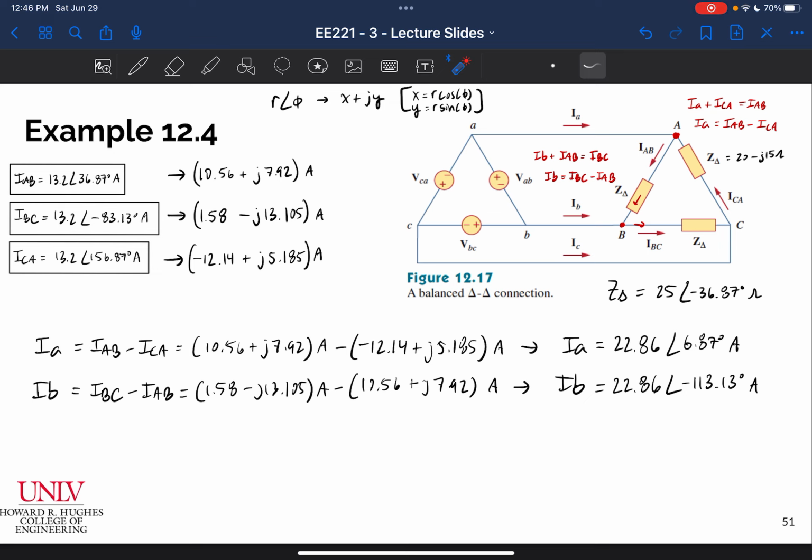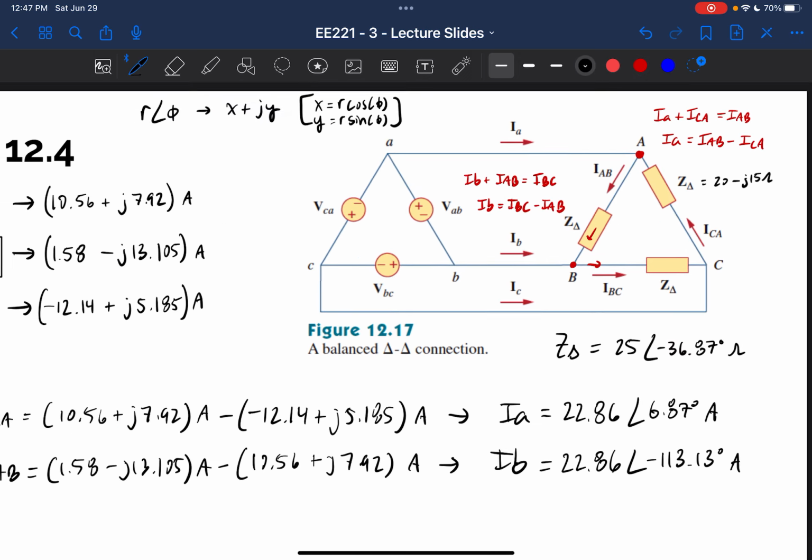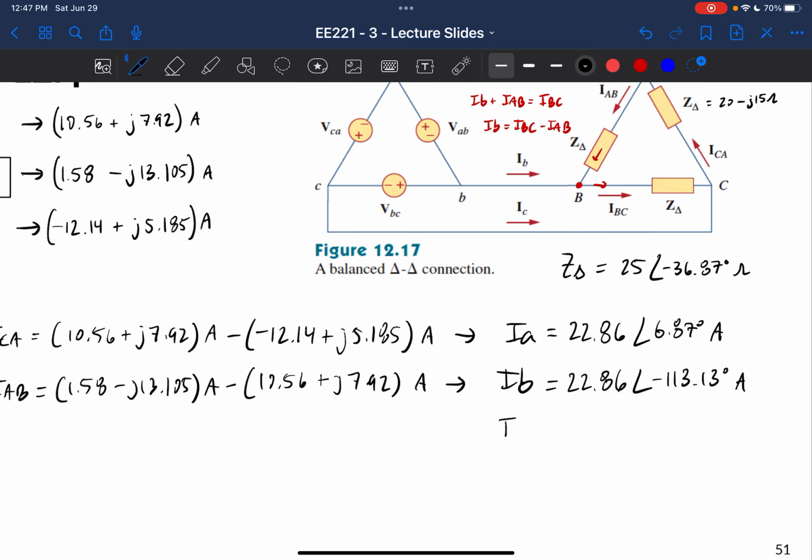So there you go. All right, and then to save us the time, I don't think I need to do this again, but let me just do the KCL. I think it should be fairly obvious at this point that IC will have the same magnitude, but it will be 120 degrees greater than the IA phase, so 126.87 degrees amps, right?